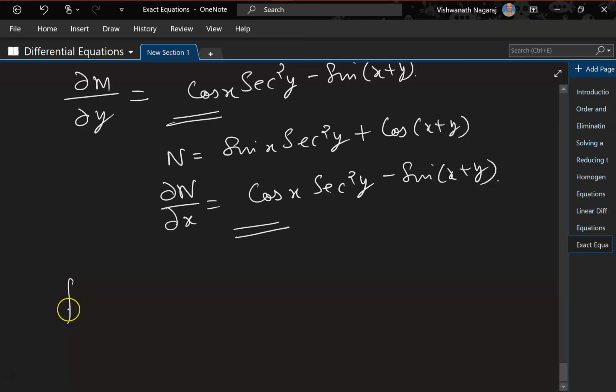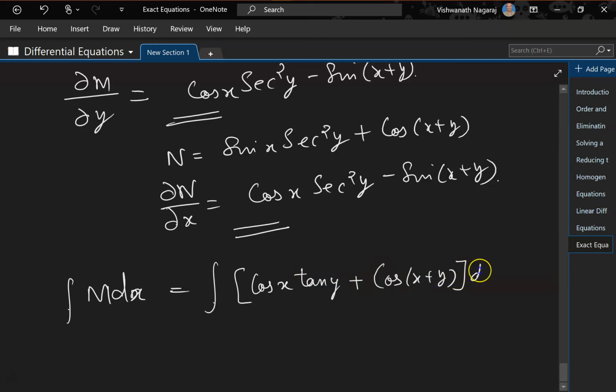Okay, so to find the solution, integrate M dx keeping y constant. So the integral of cos x tan y plus cos(x plus y) dx.